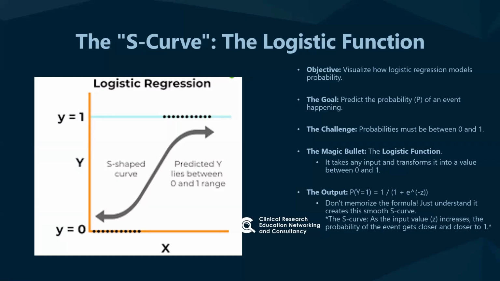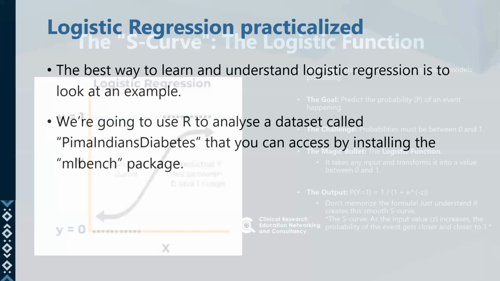And then the magic bullet to attack this is using the logistic function. It takes any input and transforms it into a value between 0 and 1. And that is the advantage that logistic regression has. The last section there shows us the equation of a logistic regression. I mean, that's not what we're particular about now.